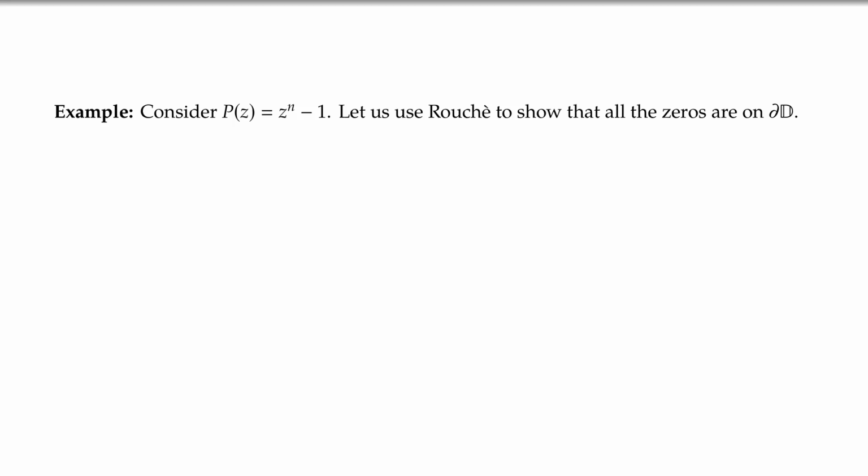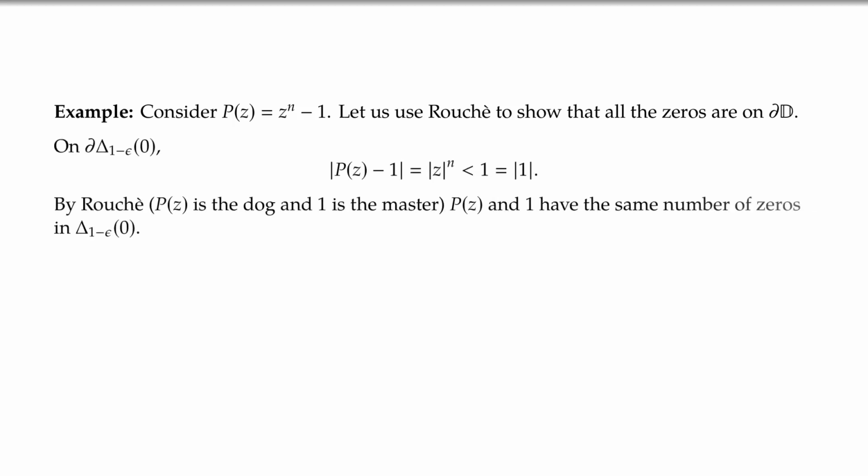Well, we know how to solve this, but let's suppose that we didn't. Let's show that all its zeros are on the unit disk. So we know it has n zeros, but maybe we don't know what they are. Let's use this theorem. This is a toy example. We're going to look at a slightly more complicated example in a bit, but let's do this one first.